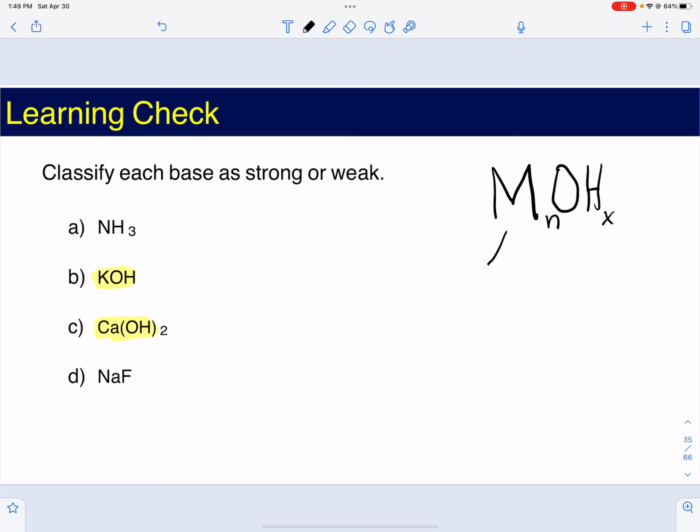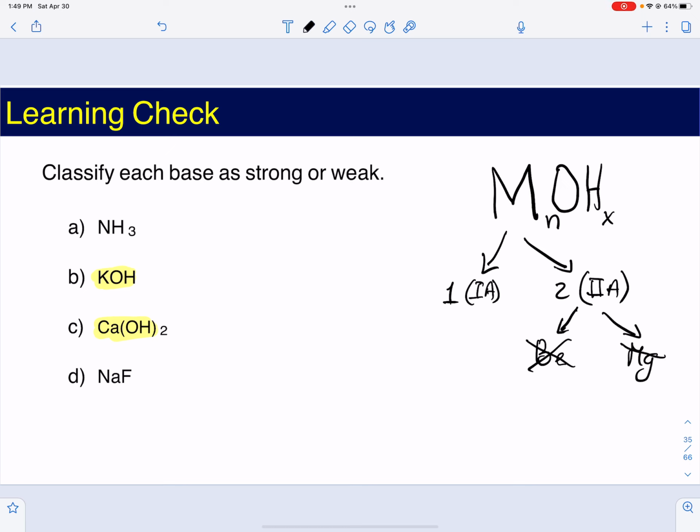Also, this metal has to be from group 1 or 1A, or from group 2 or 2A, except beryllium and magnesium.